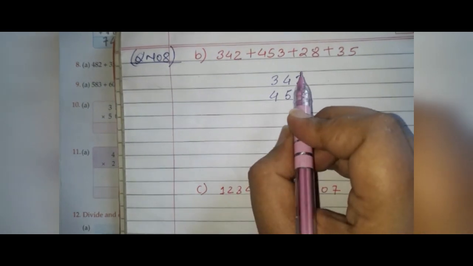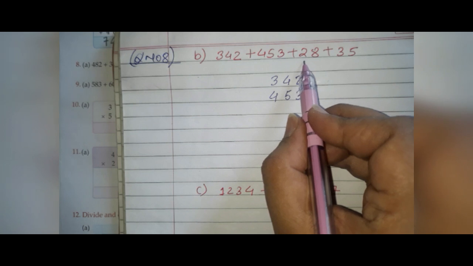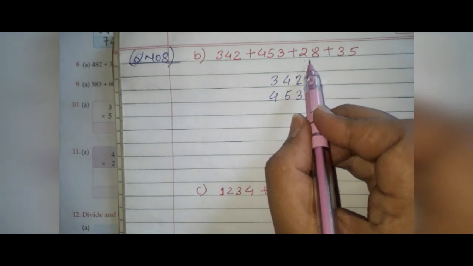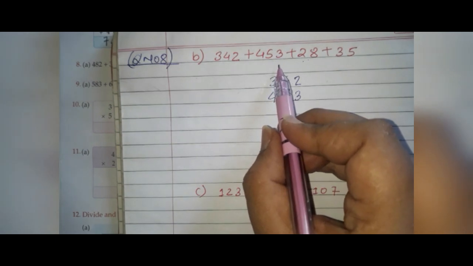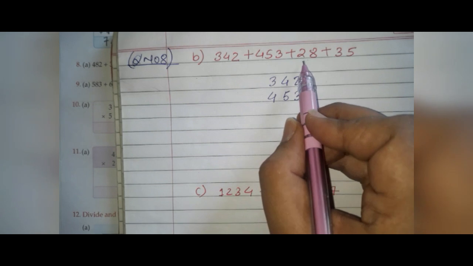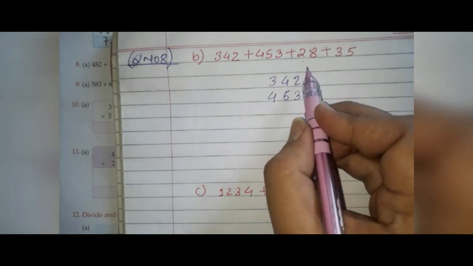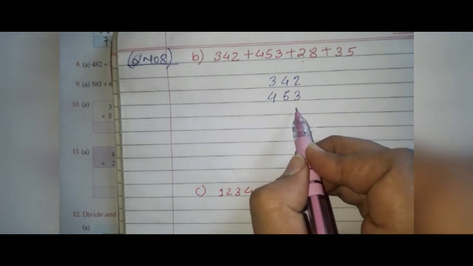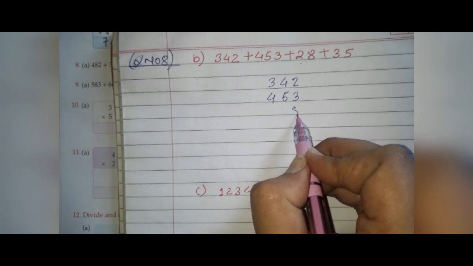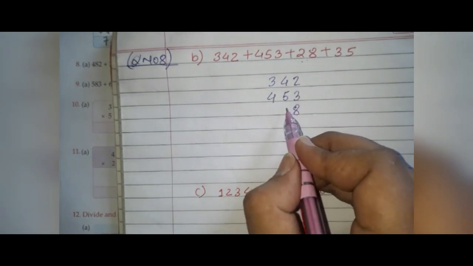The next number is 28. See, the number of digits here in 28 is 2. But in the first two numbers the number of digits are 3. So how do we arrange these types of numbers? 28. So 8, which is on the ones place, will come under 3 and 2 will come under 5.